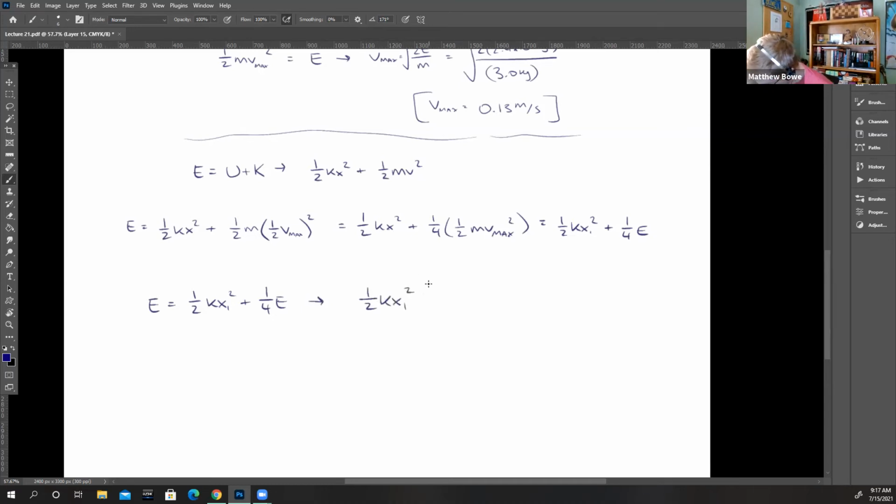We want to solve for this x, this position. Three fourths E, then I'd have to multiply everything by 2.